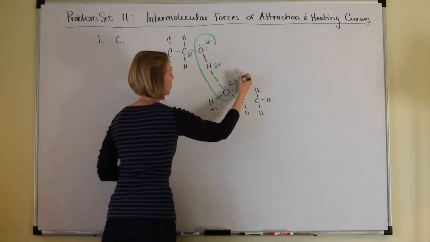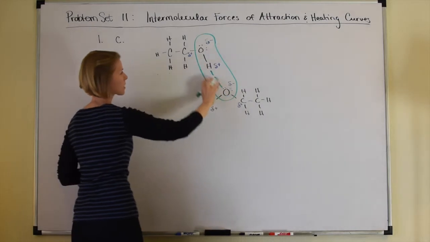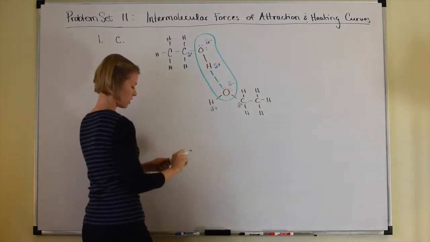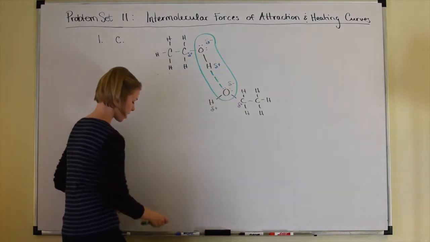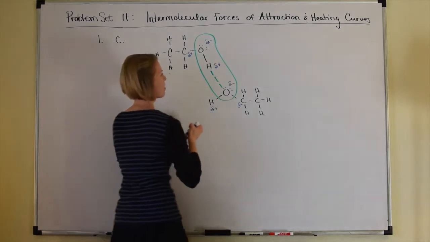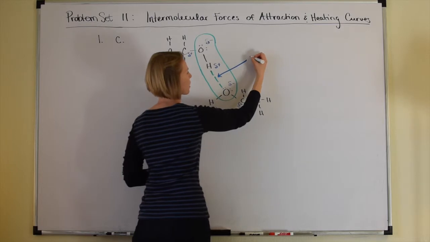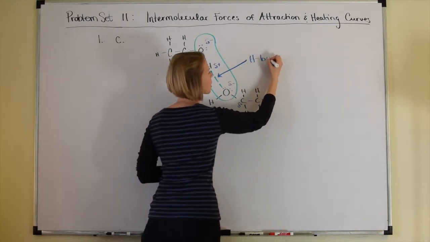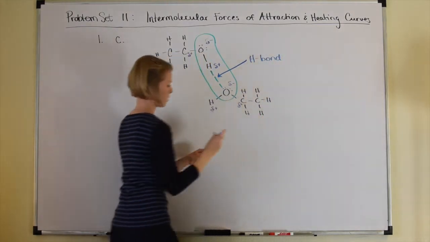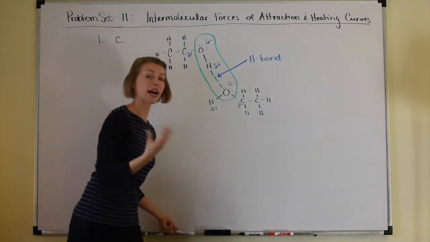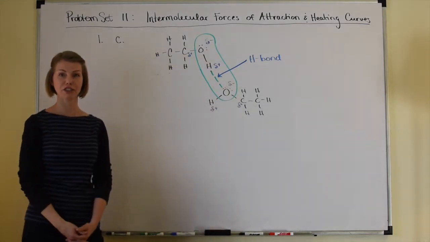Okay. So this whole complex is part of what makes up our hydrogen bond. And then the actual intermolecular force of attraction is right here. The attractive force between the two molecules.